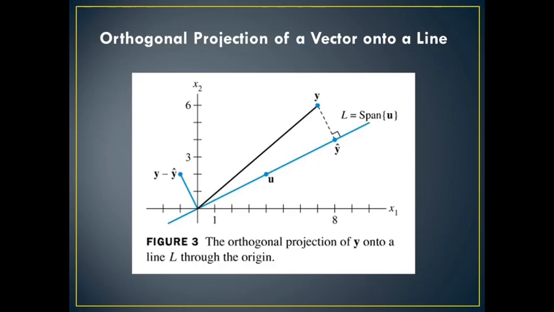So you drop it straight down from where it is, and what happens is it creates a 90-degree angle with your line. So y hat is not going to have the same length as y. It's going to be the point that you would get to by dropping that point at the end of y just straight down onto your line.